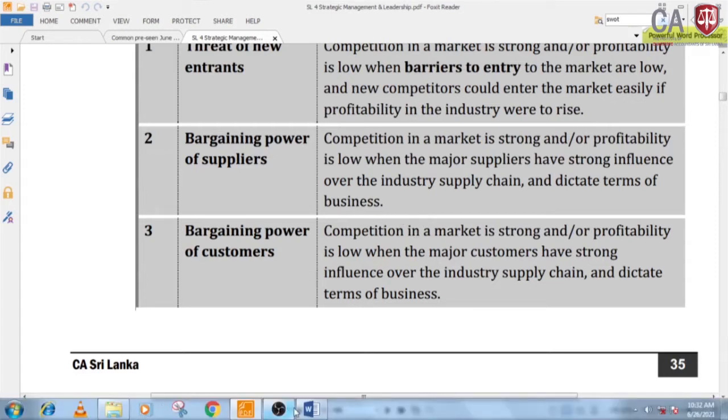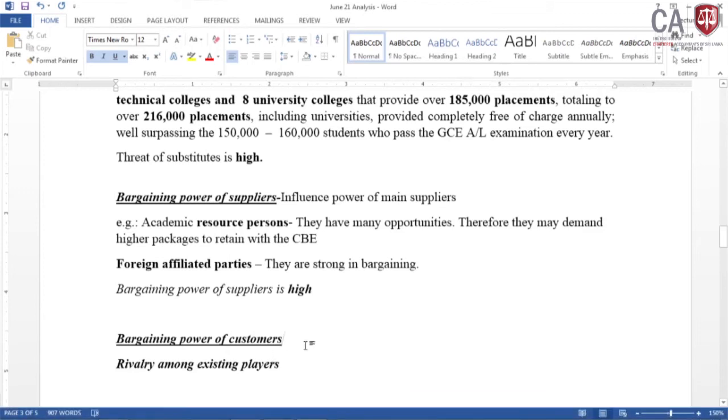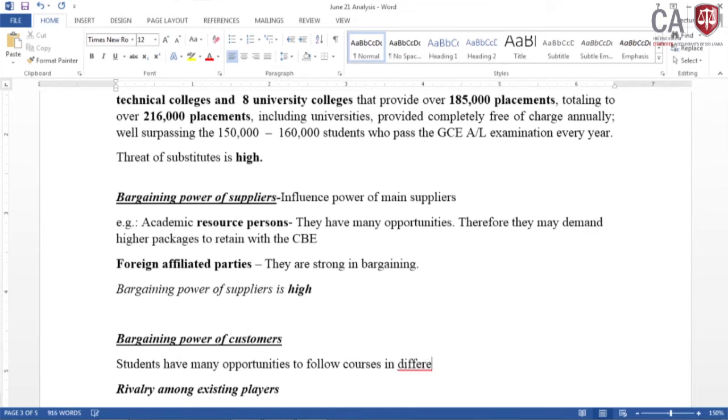So, can they influence here? Yes, because students have so many options now, there are so many institutes, right.